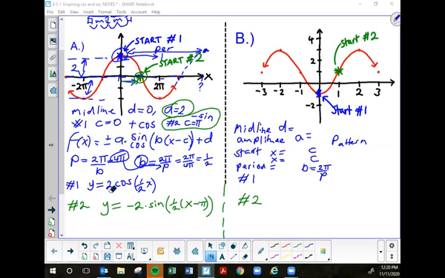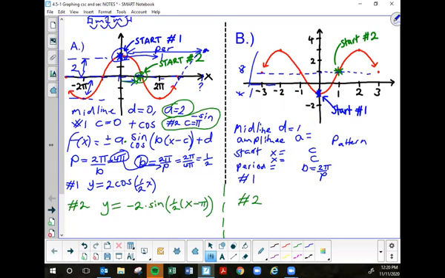Okay, so the first thing we have to do is that midline. The x-axis this time is not the midline. If it was, you'd be going up 3 and just down 1. That's not the midline. Here's the midline. Our midline is at, it's gone up 1, so our value of d will be 1.